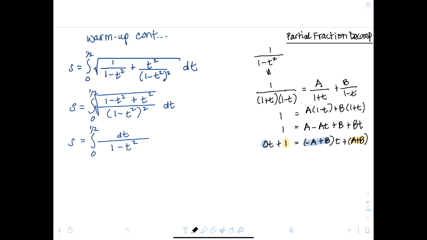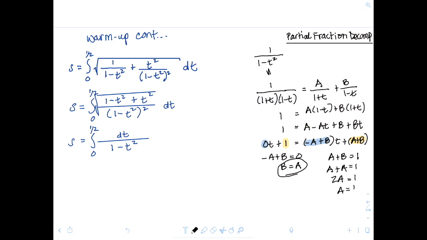All right, so doing so, I'll have negative A plus B is 0. So B is equal to A. Now, from the second one, we have A plus B is 1. But I just found out that B is A, right? So A plus A is 1. 2A is 1.